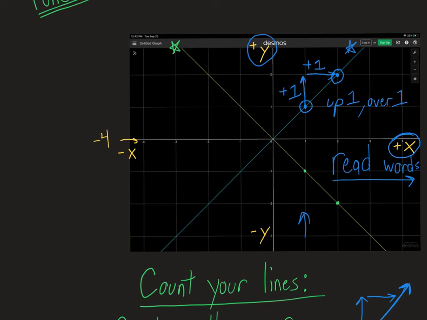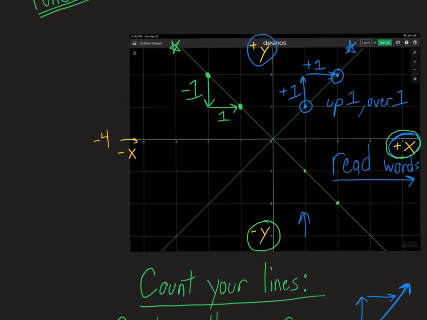Now let's look at our other line. If I start here and I start here, I'm going to go down. That green one is different than the blue one, and we need to have a way to talk about that. He's heading the opposite direction as we look across this page from left to right. And if he's going downward toward the negative y's, downward is going to tell us it's negative. So we're going down or negative 1, but our over is still positive because we're still heading toward the positive x.